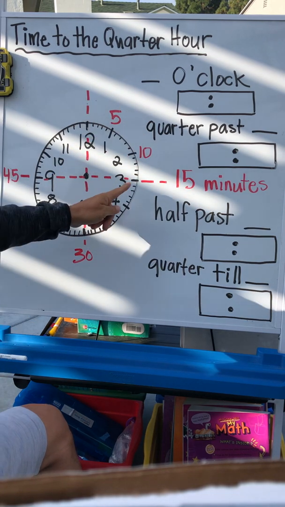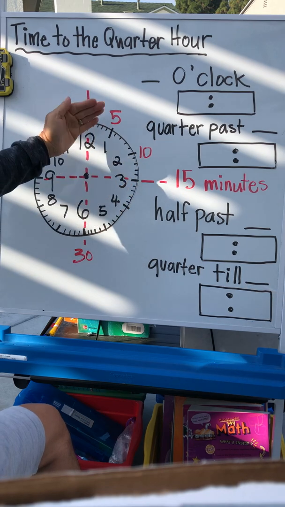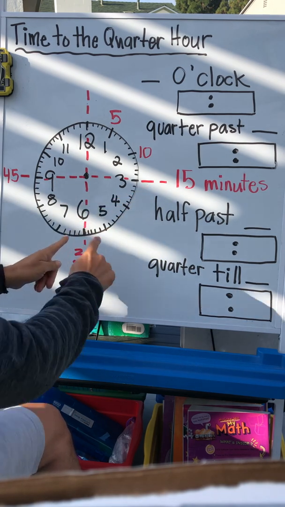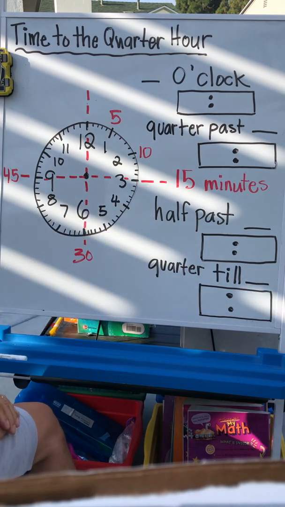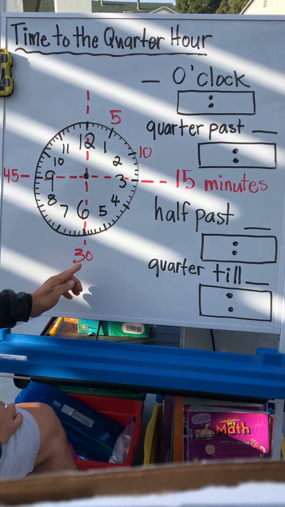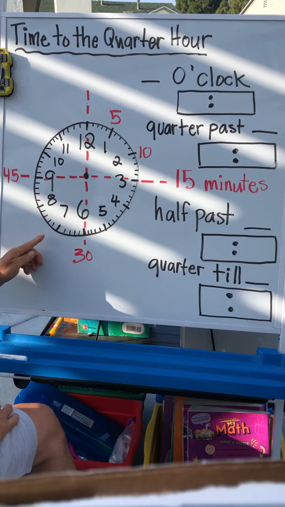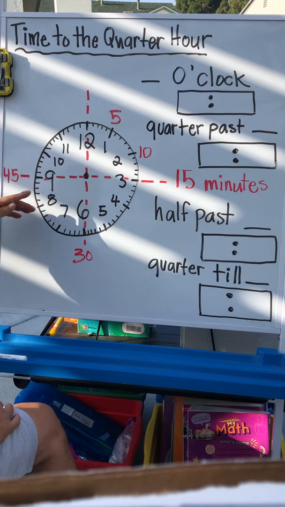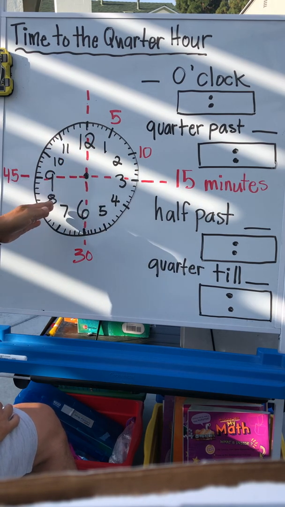Okay? Now when you go halfway down, that's 30 minutes. Now you see when we go from 15 to 30, that's another quarter. Okay? So sometimes we can go half past the hour, we can move by quarters. Or we can go another 15 minutes here, and that takes us to 45 minutes, and that's 1, 2, 3 quarters.